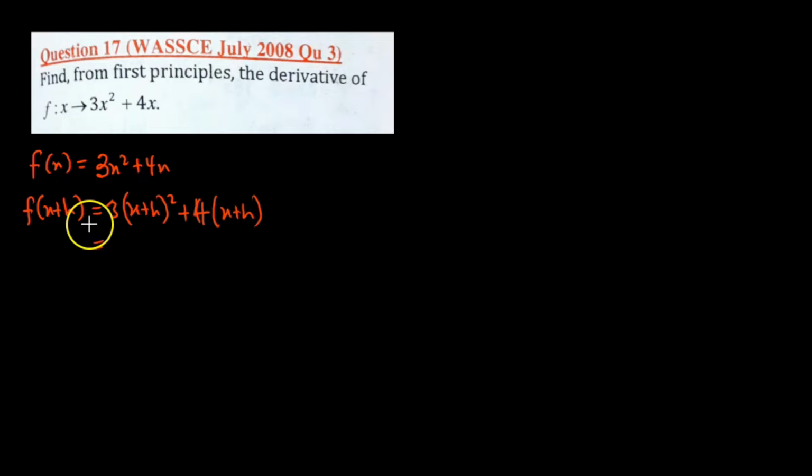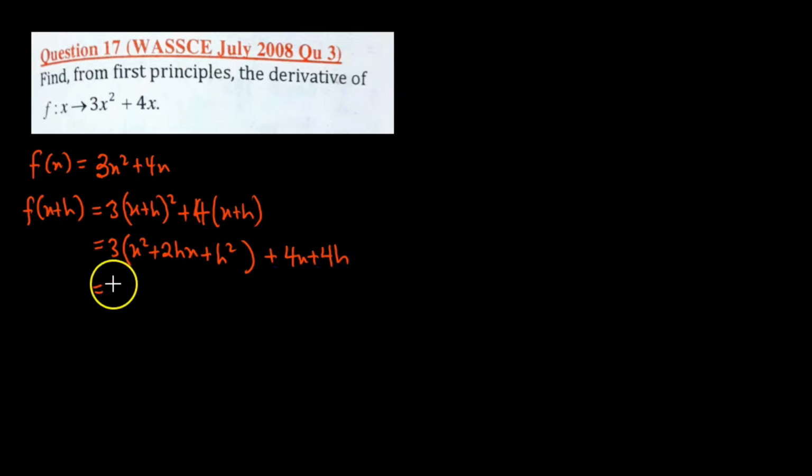Let me expand and simplify the f of x plus h so that it will be easier to work on later. So that is giving me 3 multiplying x squared plus 2hx plus h squared. And then we have plus 4x plus 4h.